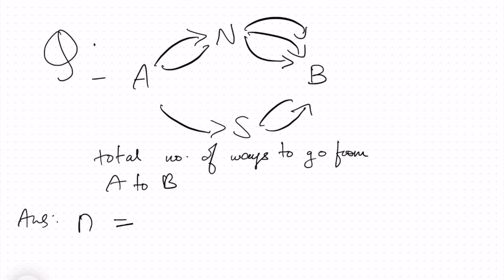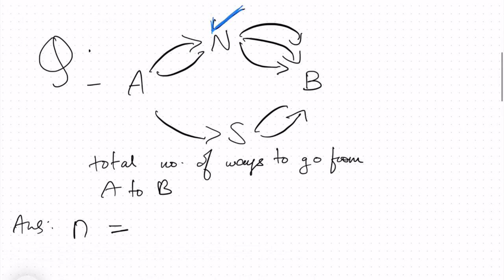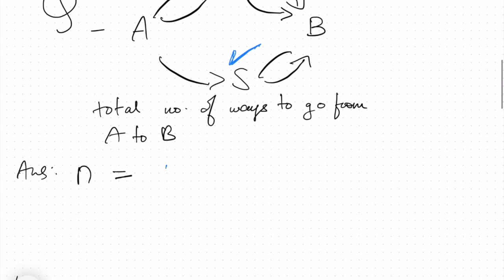If you see, there are two possible subroutes to go from A to B. Either go through N or go through S, right? So if I go through N, I cannot go through S at the same time. Any route I must take must pass either through the point N or S. Notice the use of the word or.